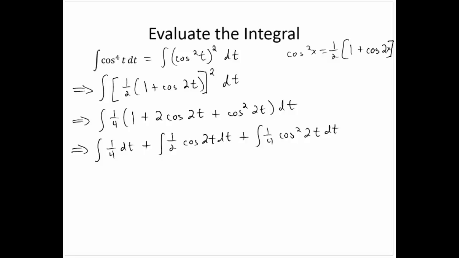Now if we look at each of these, that's fairly simple. The integral of 1/4 dt, that's an easy integral. 1/2 cosine 2t dt, this is not too bad.